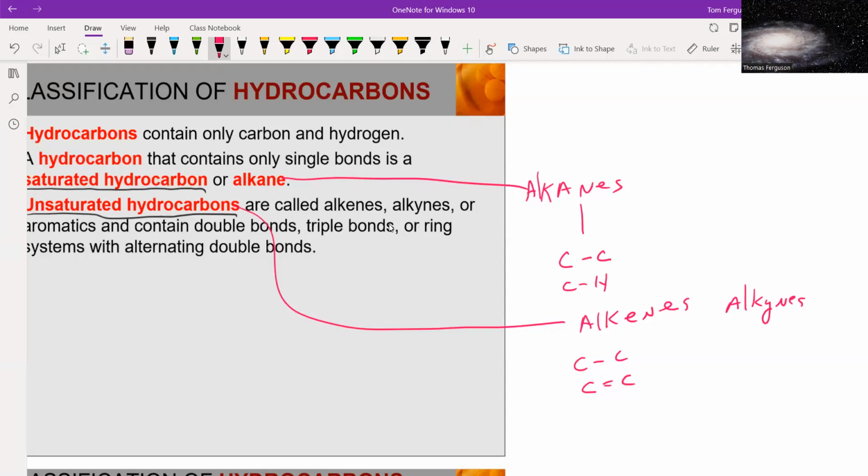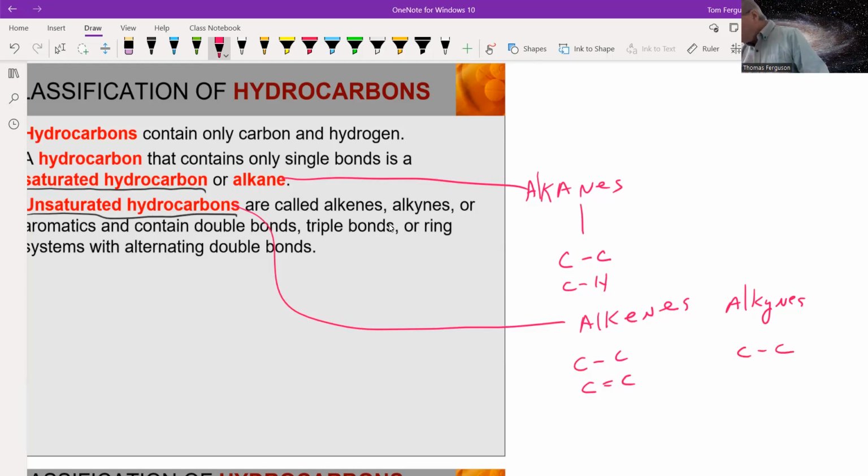Alkanes are more stable. Alkenes are less stable. So unstable things want to become more stable in the universe. If you're trying to take something that's stable and make it unstable, it requires energy. And we're going to see that particularly in the next subunit when we get into alkenes.